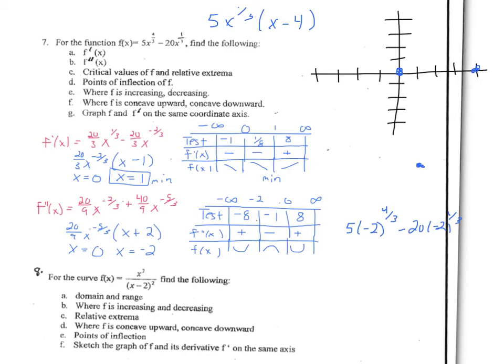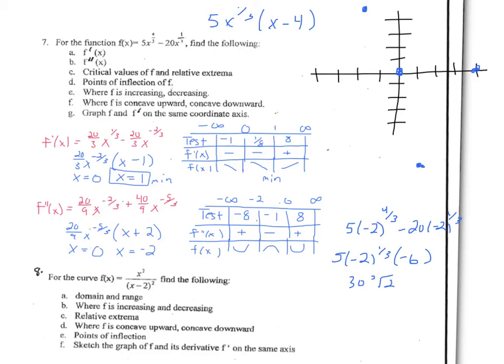So let's see. Maybe easier to plug it into factored form. So 5 times negative 2 to the 1/3 times a negative 6. So that would be definitely a positive number. So 30 times the cube root of 2. Let's just put our point kind of up high here.